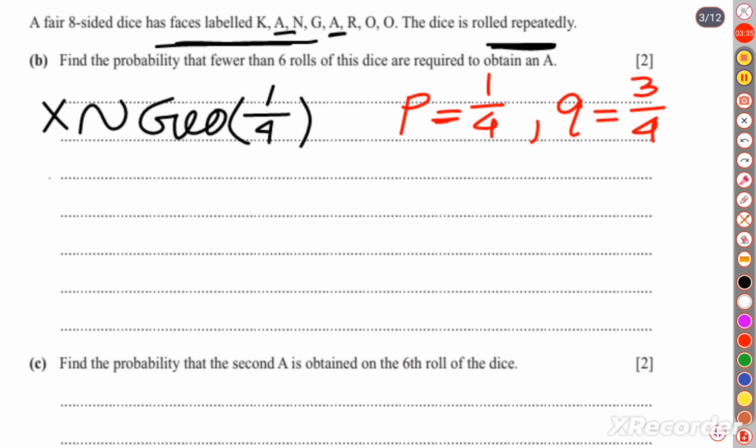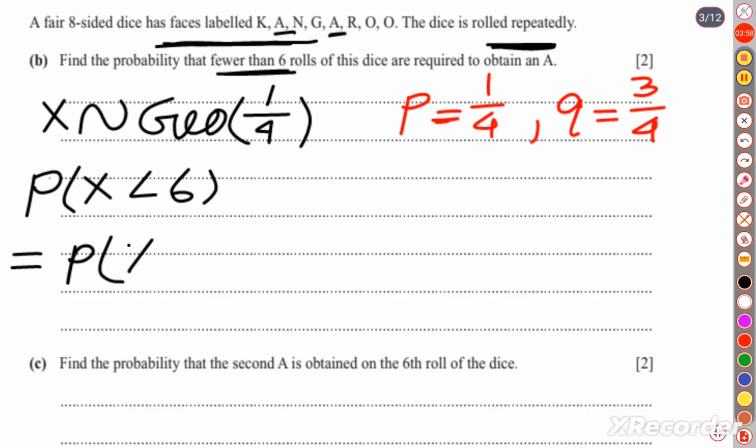Well, then let us solve. We are going to find the probability that x is less than 6, fewer than 6 rolls. So what does it mean? It might be obtained among the first 5 rolls. Fewer than 6 rolls means it was rolled up to 5 times, and among these 5 times somewhere there was success.